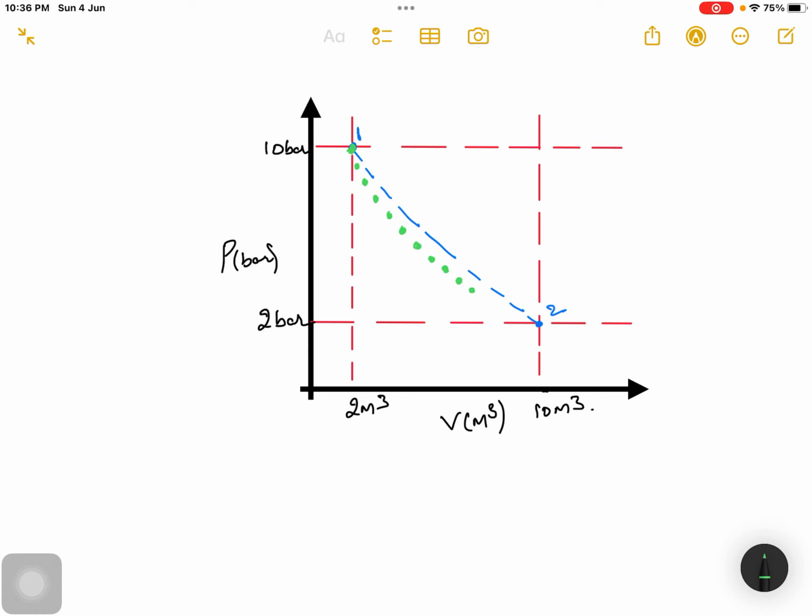All these are equilibrium states when I am removing the sugar crystals one by one. Now as I know the pressure of these equilibrium states, I can show it as a solid line.